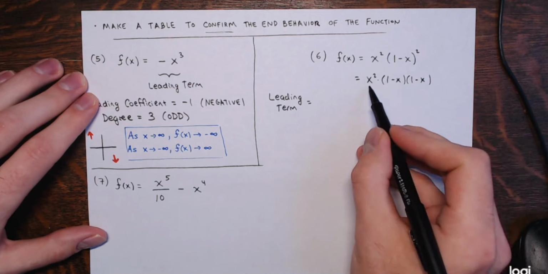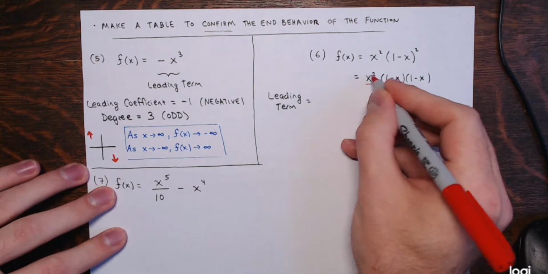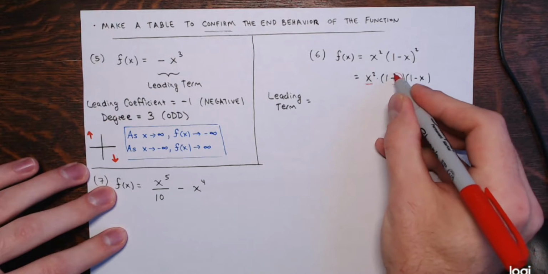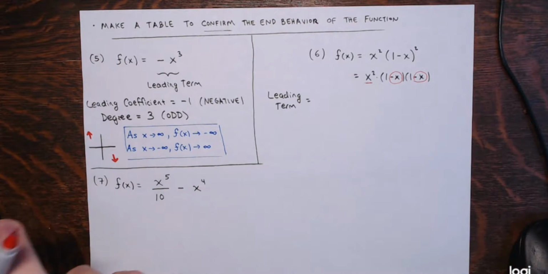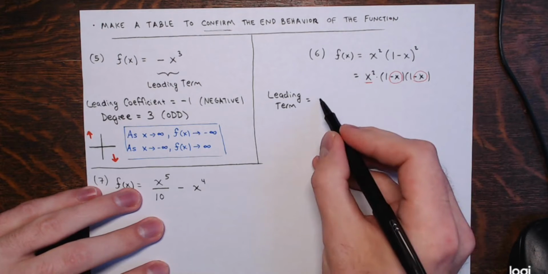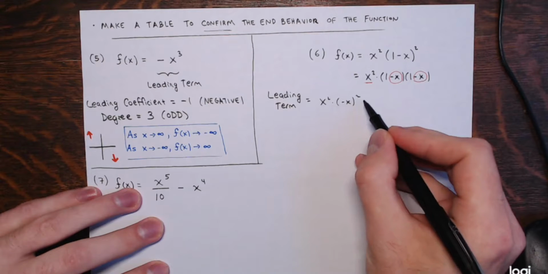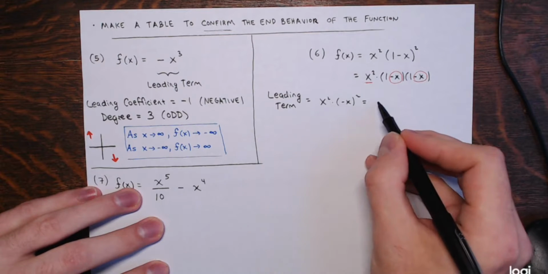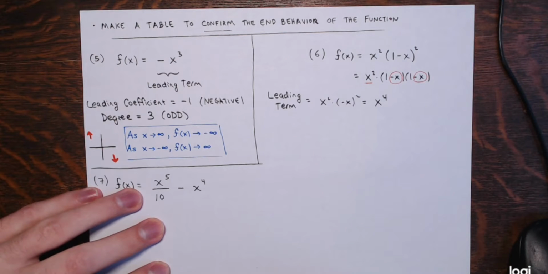So if you take just the lead terms, x squared is obviously the lead term of x squared, and then negative x is the lead term of 1 minus x, and negative x again is the lead term of 1 minus x. So the lead term for the whole polynomial is going to be x squared times negative x times negative x. That's just going to be positive x to the fourth. Positive 1 x to the fourth.